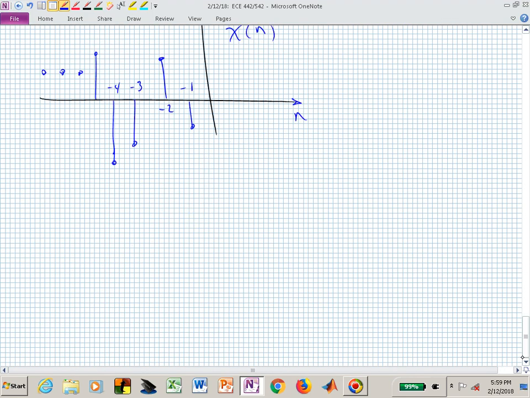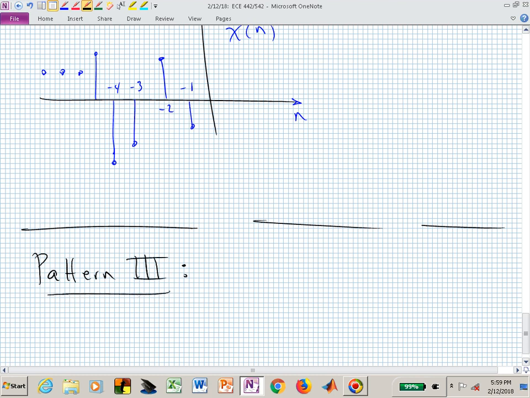Pattern number 3, or main general pattern. So far I haven't really said anything about whether these sequences are bounded or not in the time domain. What I mean by a bounded region of convergence, don't confuse that with a sequence that's unbounded or bounded.